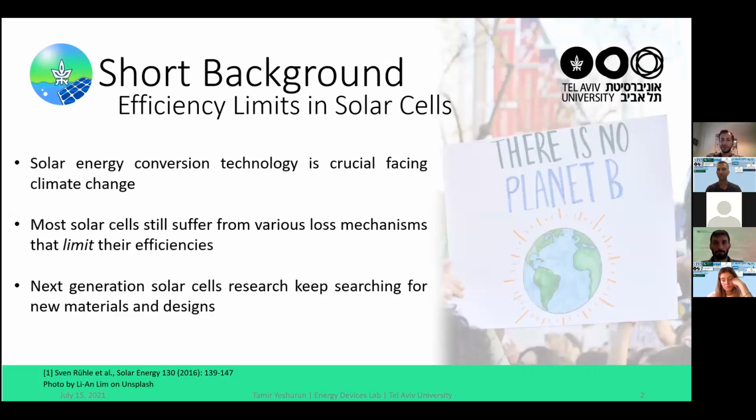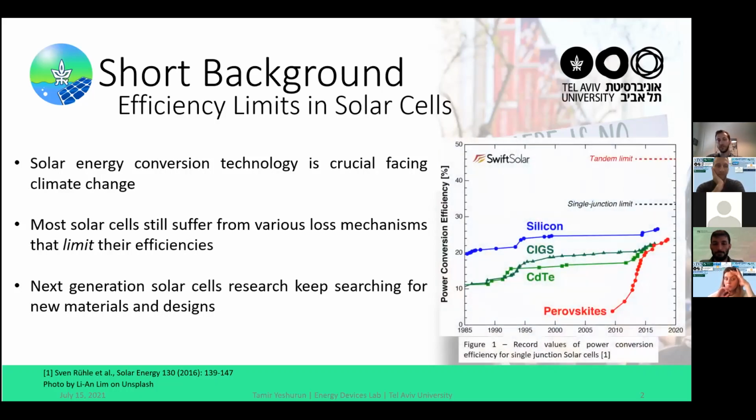Okay, so just a little bit of background. It's good to remember that the technology for solar energy conversion in solar cells is crucial when we face climate change. But most solar cells still suffer from a lot of loss mechanisms that limit their efficiencies. If we see this figure, for example, we have examples of solar cells made from different materials.